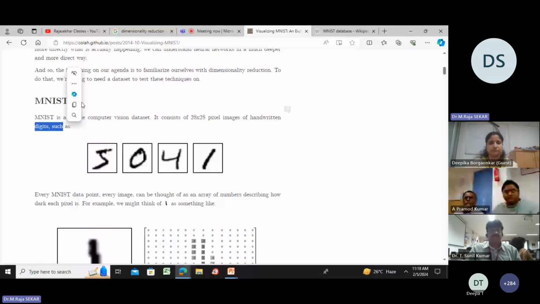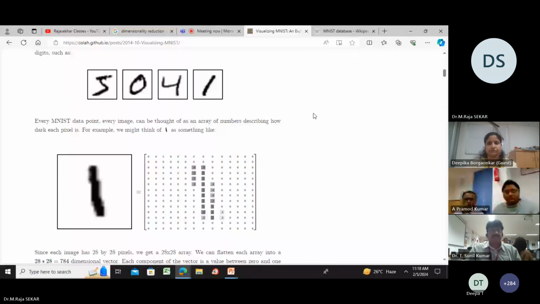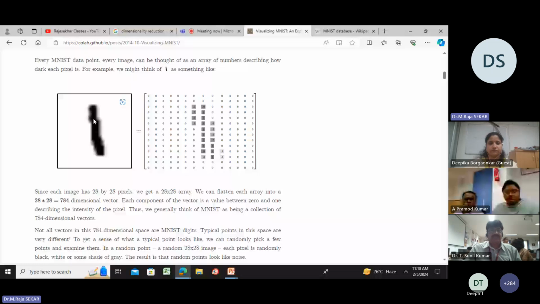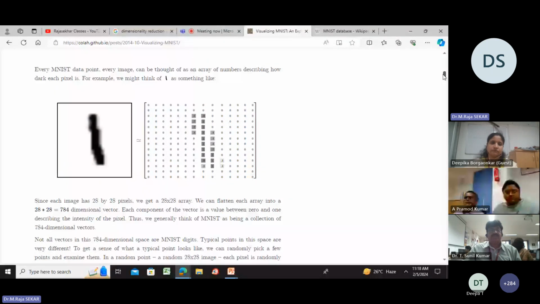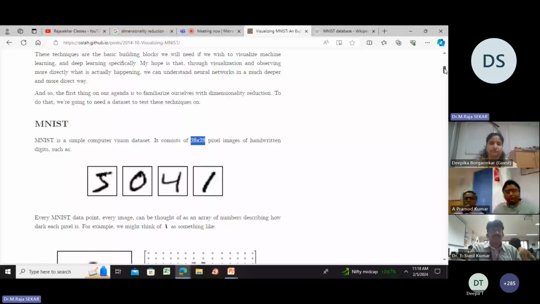Let me go through this blog so that I can explain what it is. Next, this image is a handwritten digit 1. How are they representing it? This machine learning engineer is saying that every handwritten image is represented using a 28 by 28 matrix, meaning we are representing each image by using a matrix.